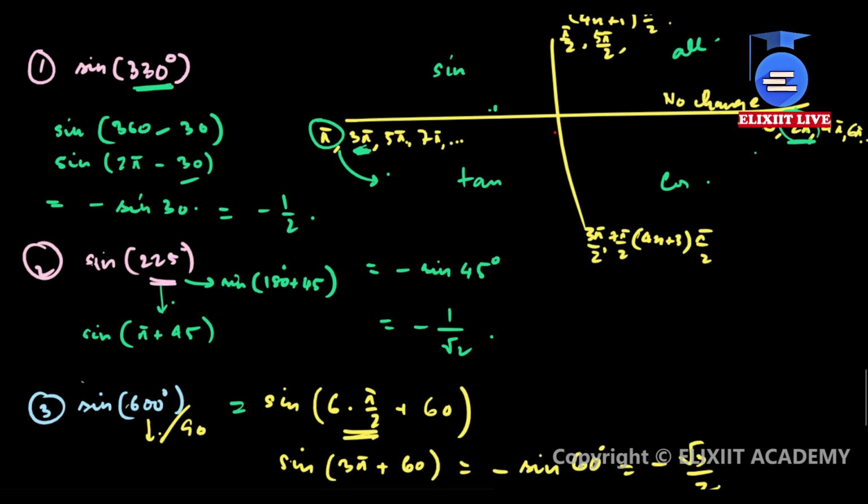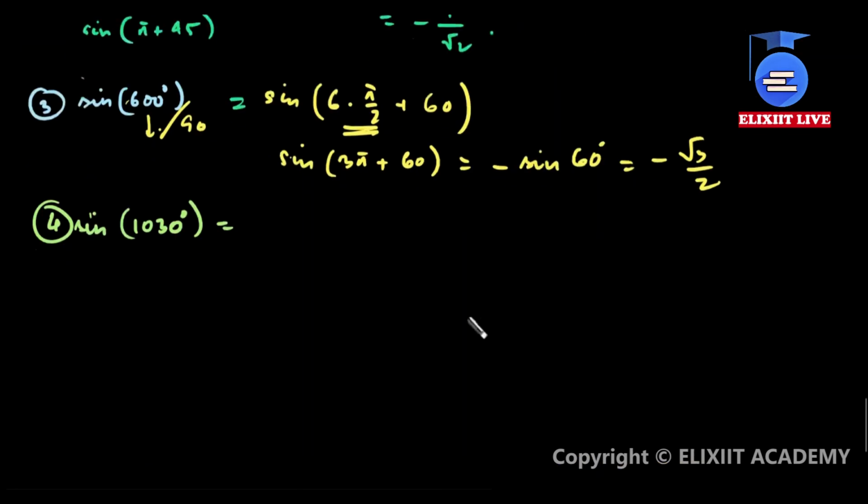How? See, 11 pi by 2 plus 40. This we can write as 1030. Basically we have sine of 11 pi by 2 plus 40.